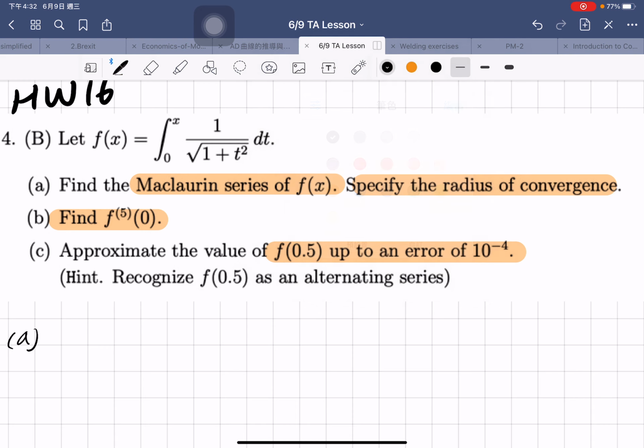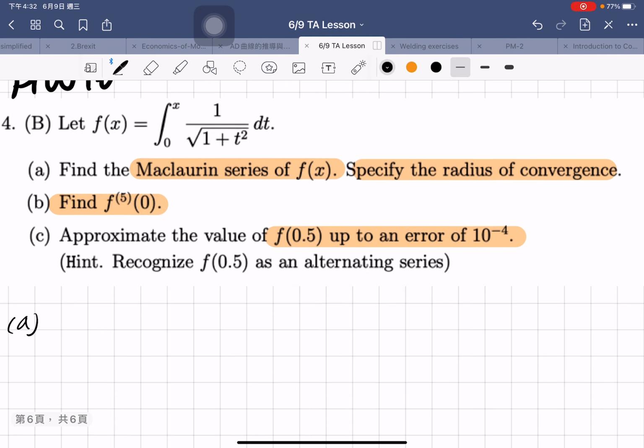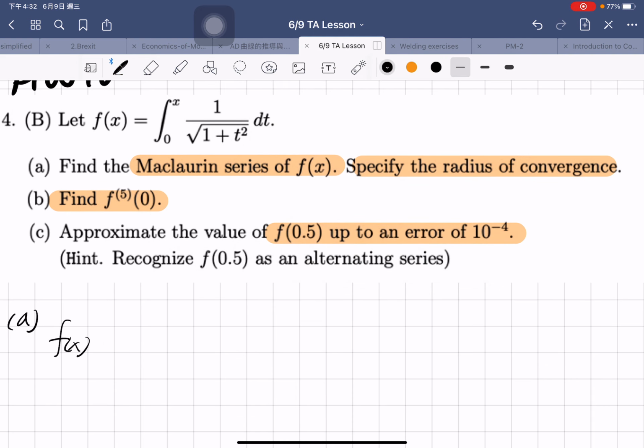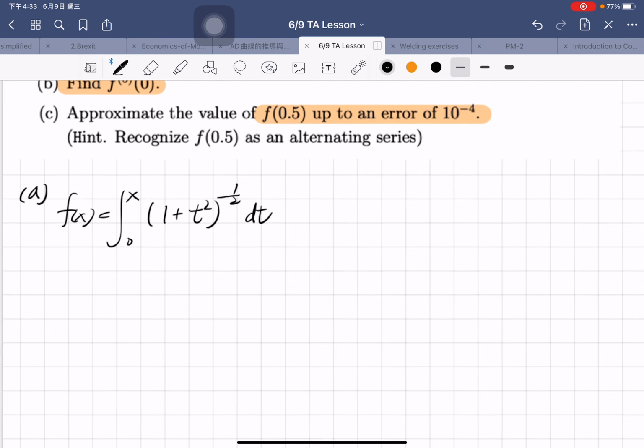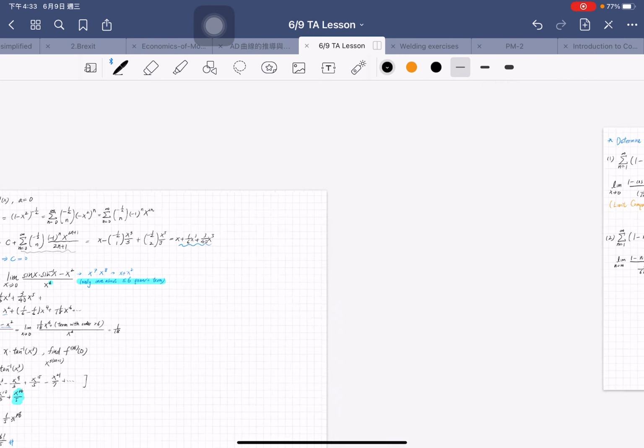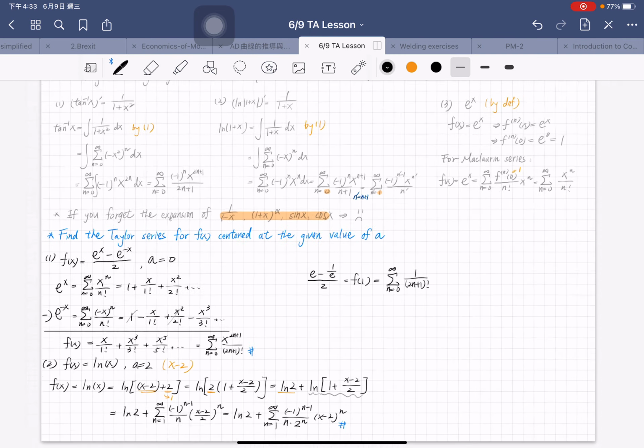Okay, so we start with part A. Our f of x will be the integral from 0 to x, and we change our term in this. This one you will know how to do, right? It will be a binomial term, this one, number 7. So just expand it into a summation.